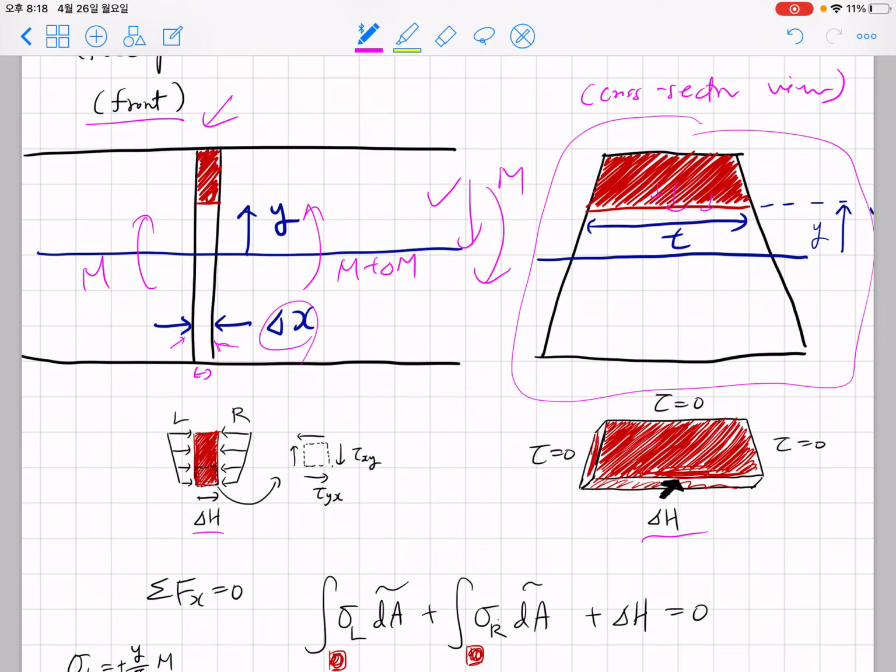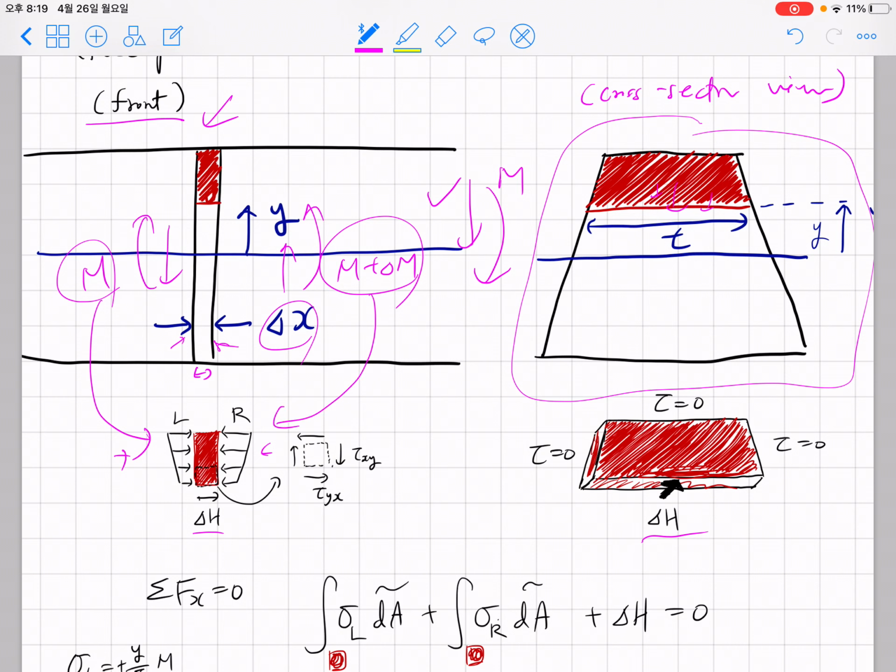Of course there could be a shearing force, but shearing force does not generate a normal stress here directly, so we consider the effect of moment on the left-hand side and the effect of moment on the right-hand side surface.